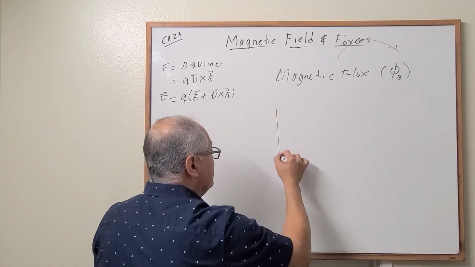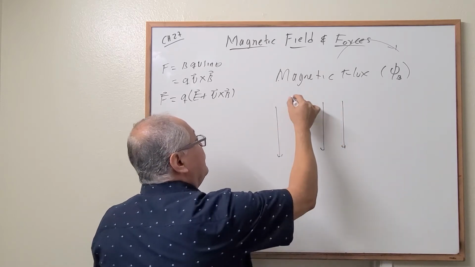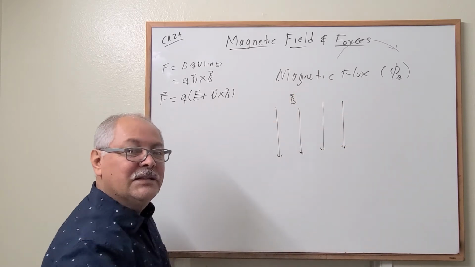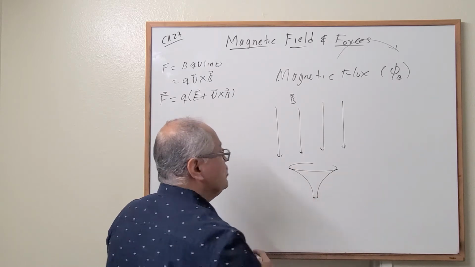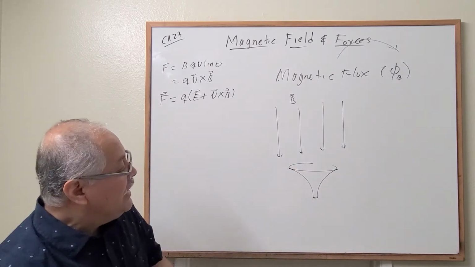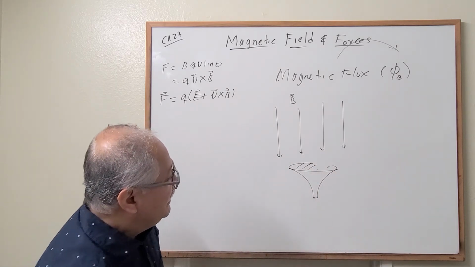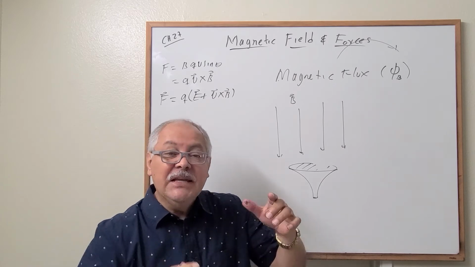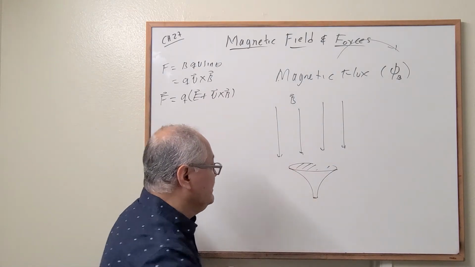Imagine that we have now a magnetic field. The magnetic field, for simplicity, is constant, and we have a funnel right here. A funnel is used to collect the magnetic field. Now this is the area, right, of the opening, and in this case we take this area to be a vector. It has a magnitude, it has a direction, right?